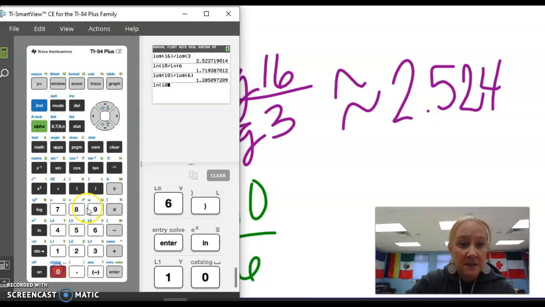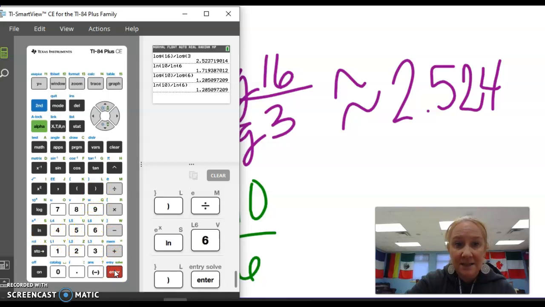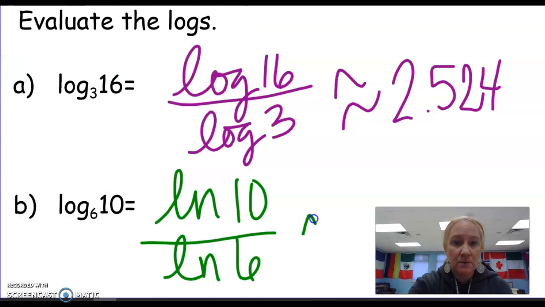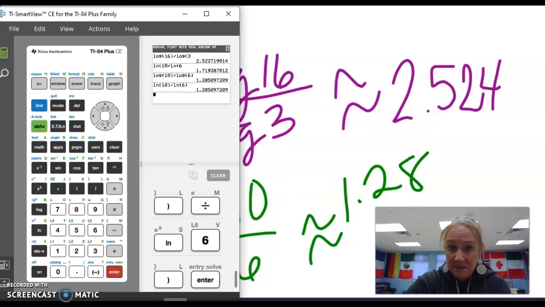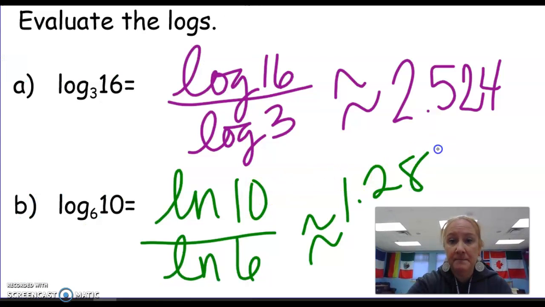So natural log of 10, divided by natural log of 6, close the parentheses. Okay, so closing the parentheses matters. So that's a good thing to find. So 1.28 something.